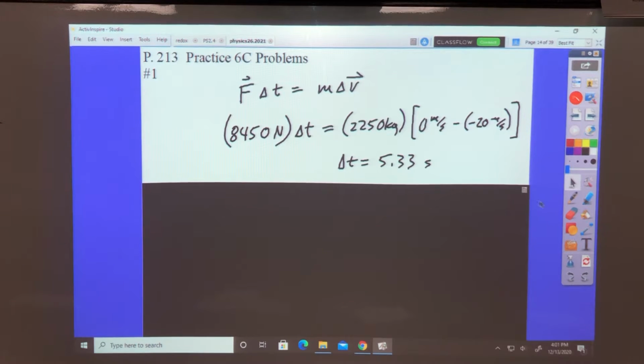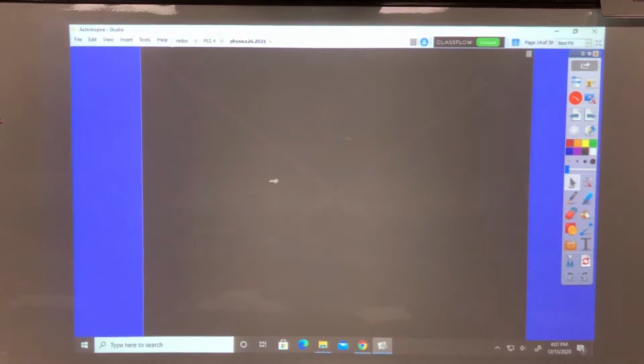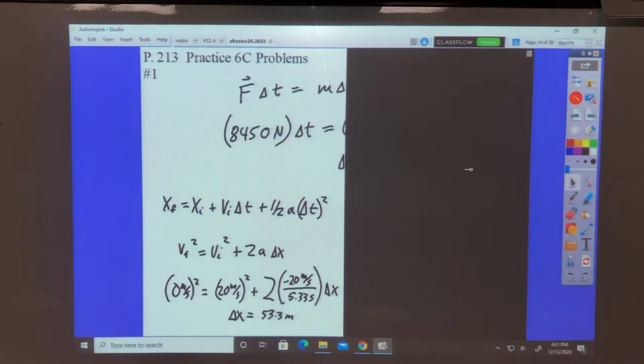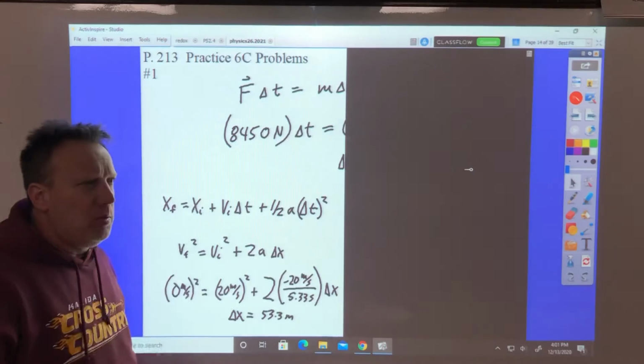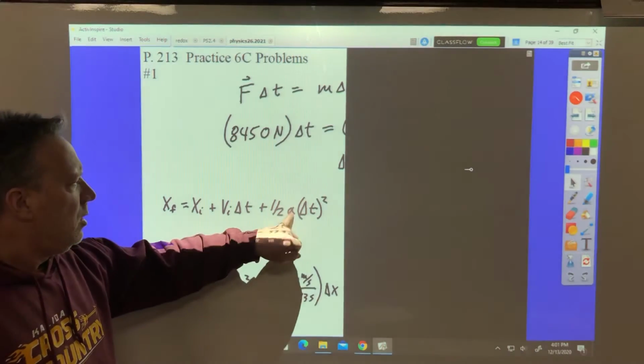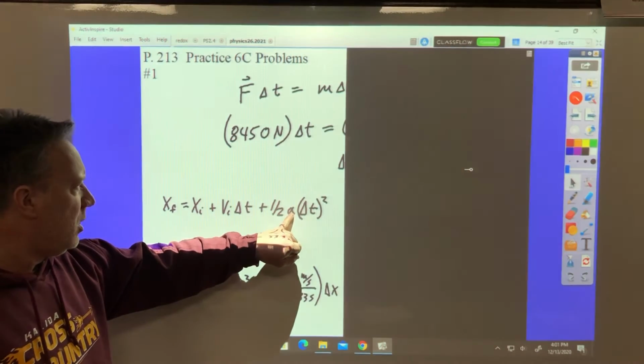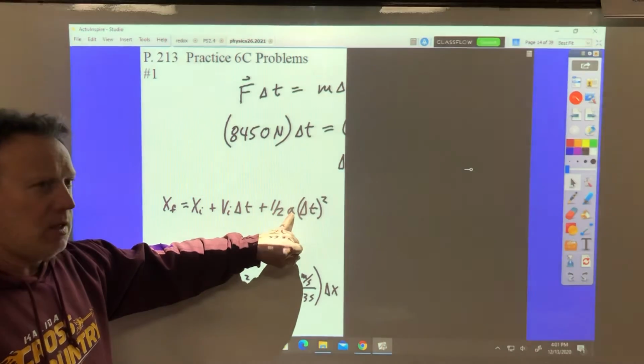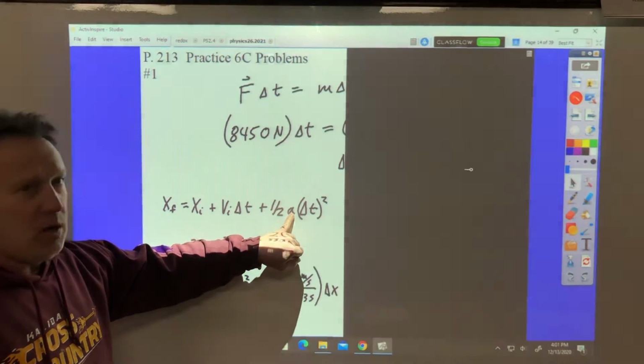Okay, now you have a few options for how you're going to figure out how far that is. One is you could do this all the way back from the beginning of school. You don't know what the acceleration is, but you know what the maximum velocity is, and you can put that over time.